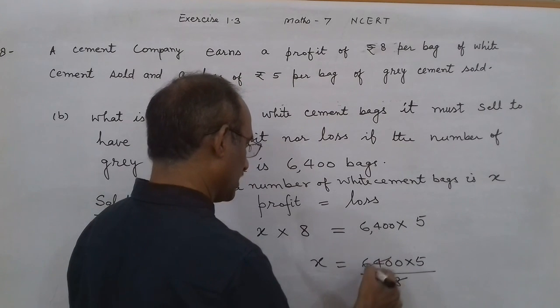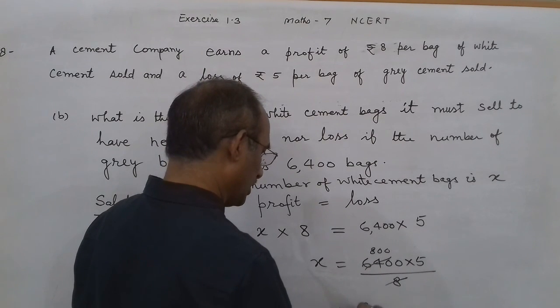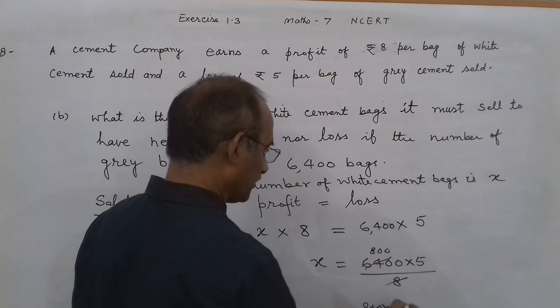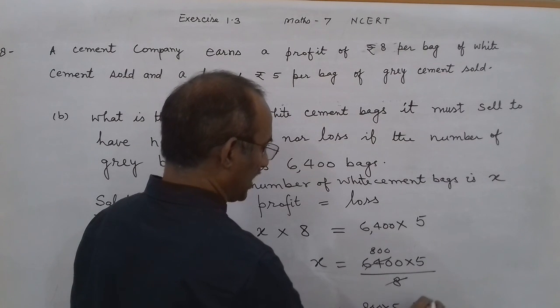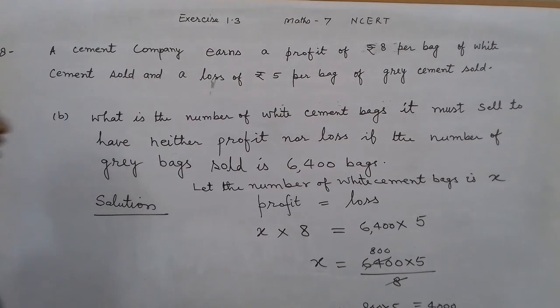So 8 into 8 is 64, and 00. And x equals 800 into 5. On multiplying we get 4,000. So the number of white cement bags will be 4,000.